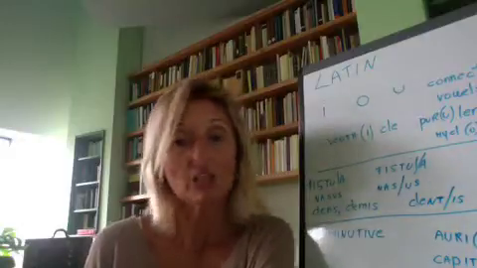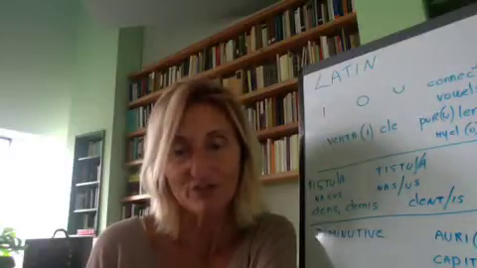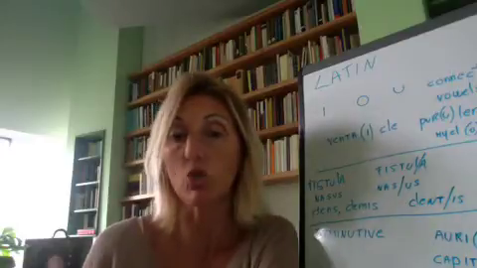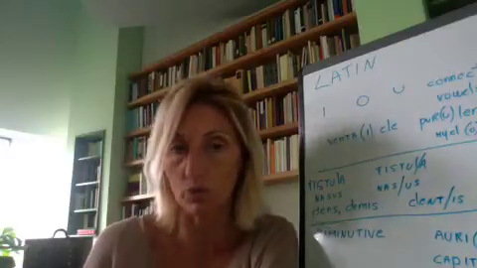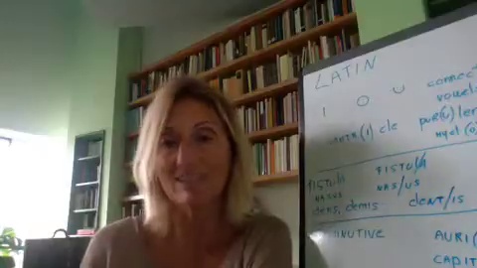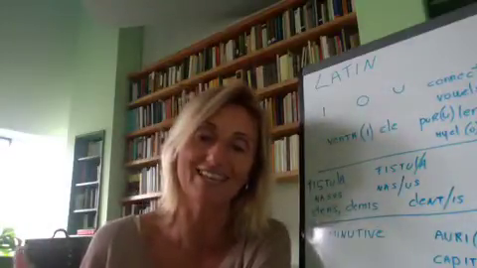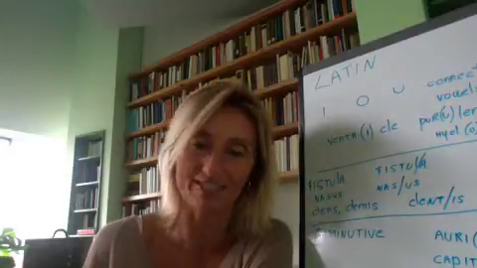Now, this does not mean that you have to forget the Greek formations, because there may be compounds with Greek and Latin words. So you have to keep in mind everything that you have learned until now and add the new material as usual.